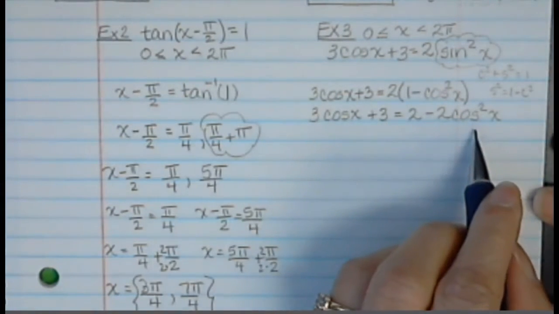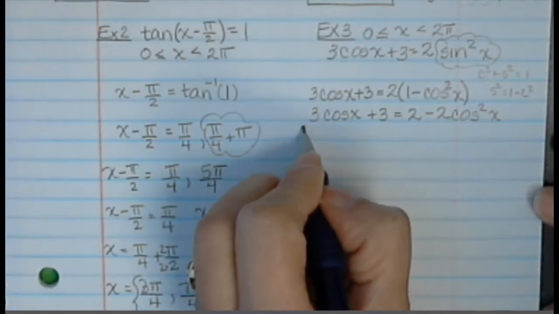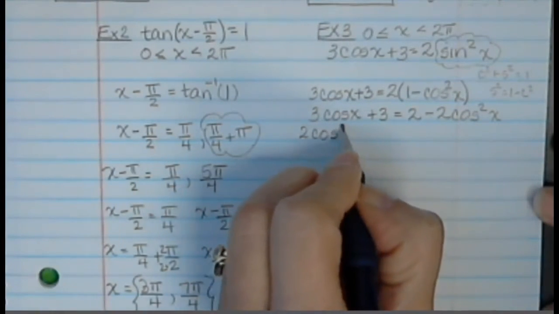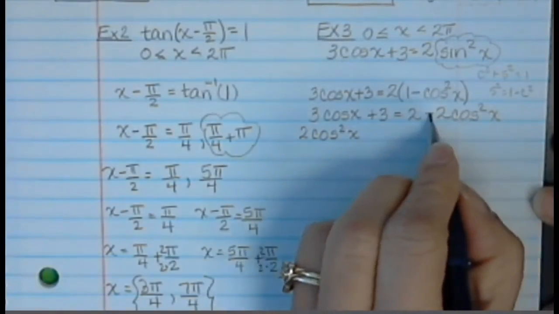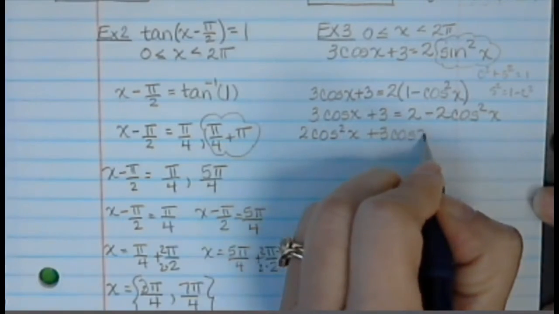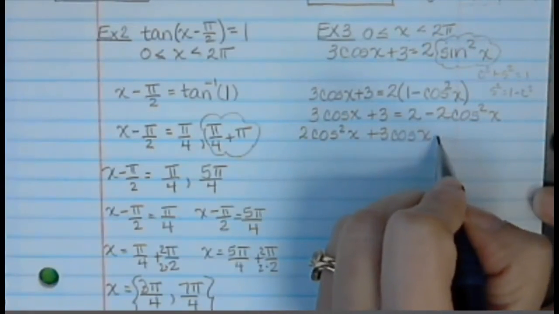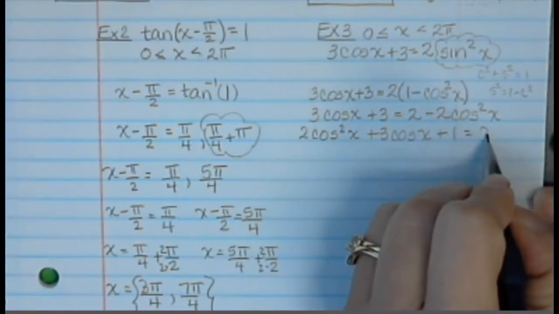I don't know if you recognize it, but it looks quadratic. So let me put everything on the left side. This becomes a positive 2 cosine squared of x, plus 3 cosine of x, and then I'm going to subtract 2, so I get plus 1 is equal to 0.